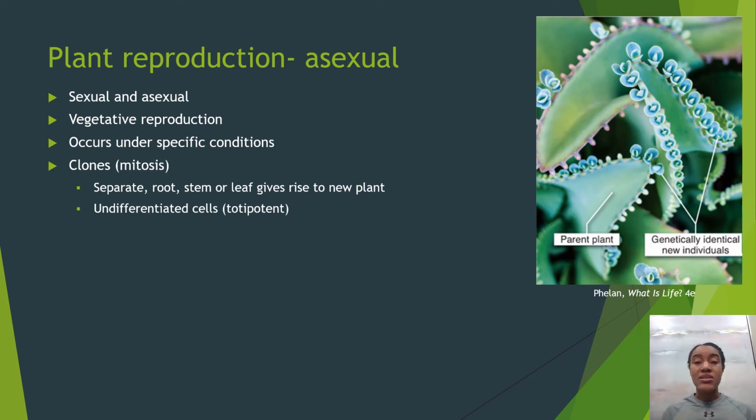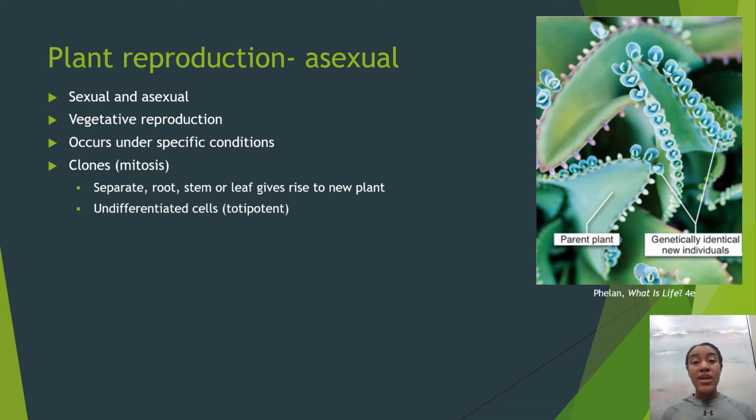In those cases, in order for the plant to reproduce effectively, they may opt for asexual reproduction rather than sexual reproduction, so that they're able to reproduce without the gametes or the assistance of another plant. And the daughters, or the offspring, that result from asexual reproduction are clones.